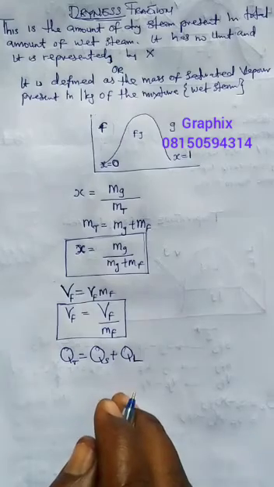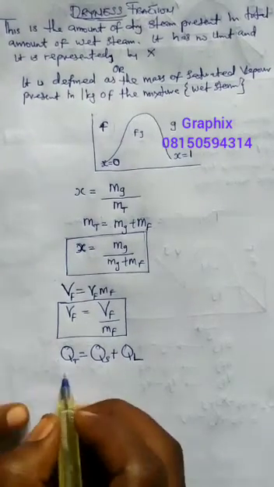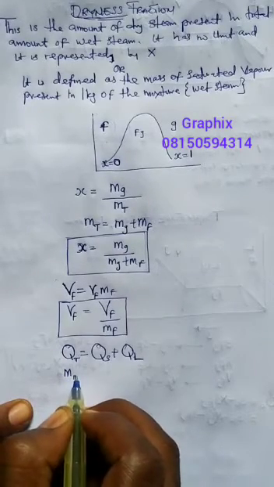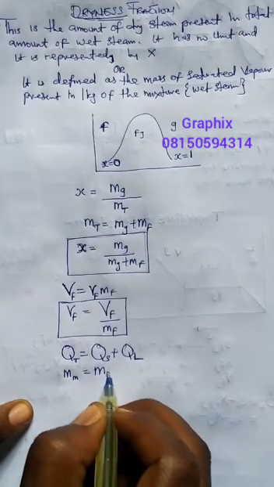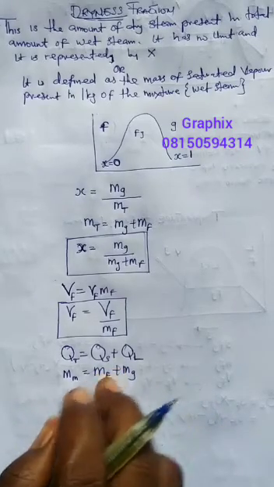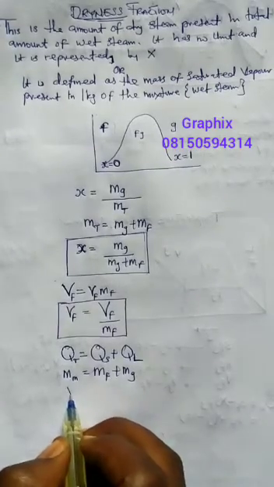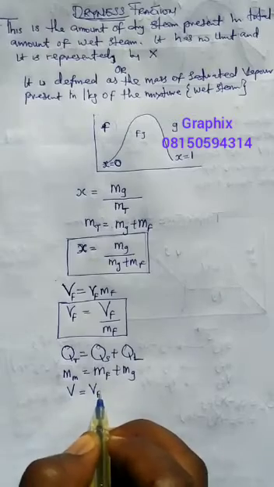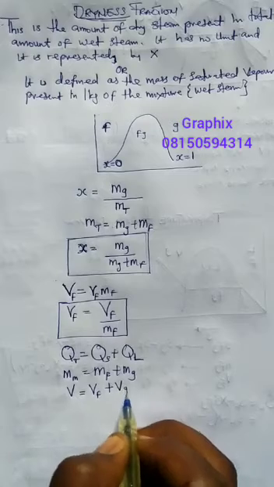So we should also know that the mass of the mixture is equal to the mass of the liquid plus the mass of gas. It's another relationship. And also we need to know that V, the volume, is equal to the volume of the liquid plus the volume of gas.